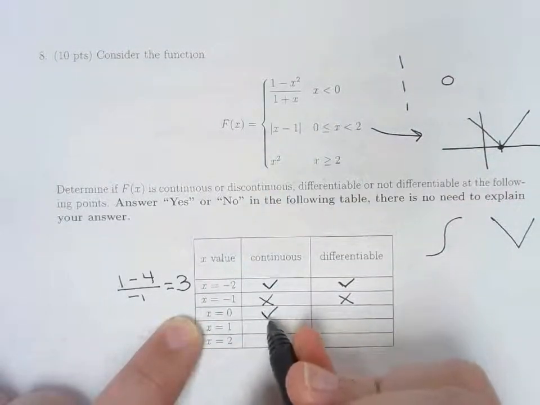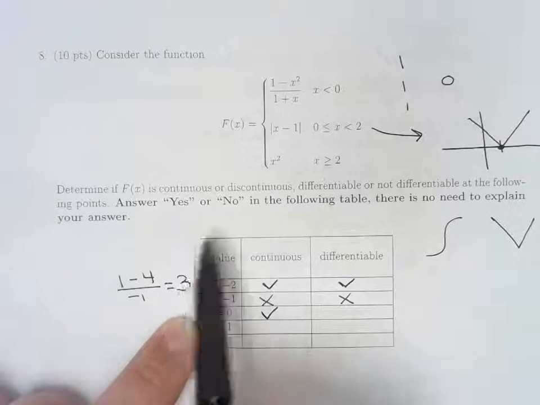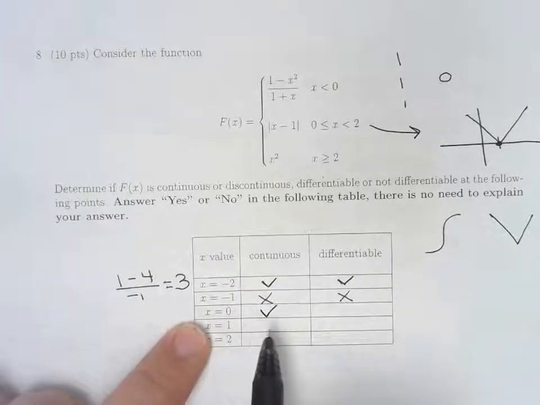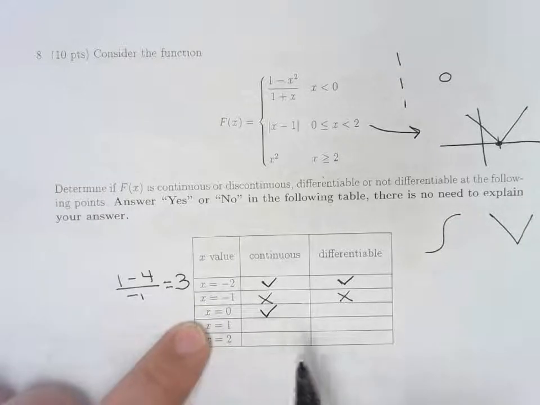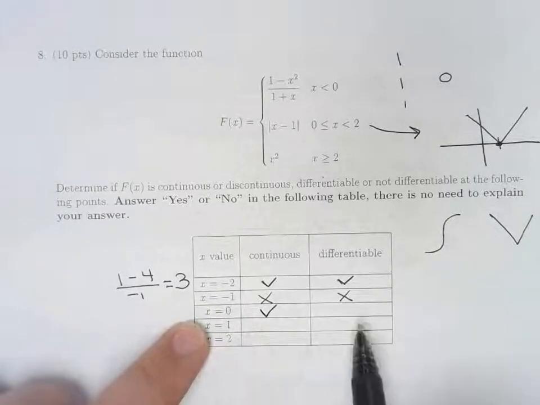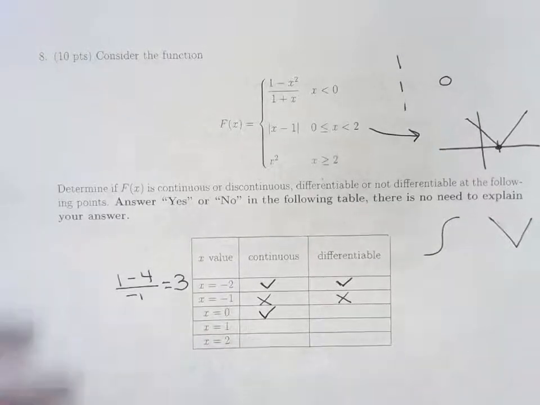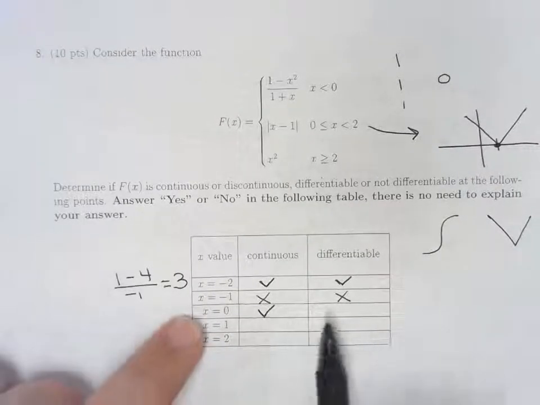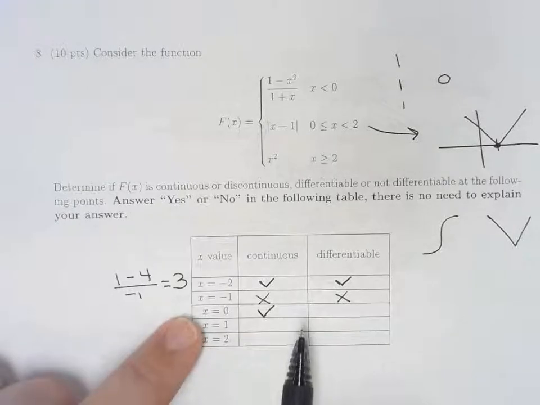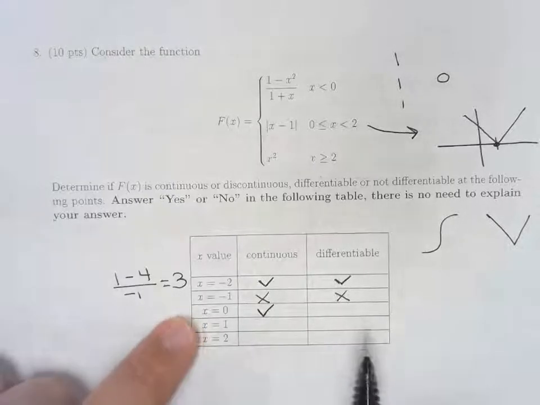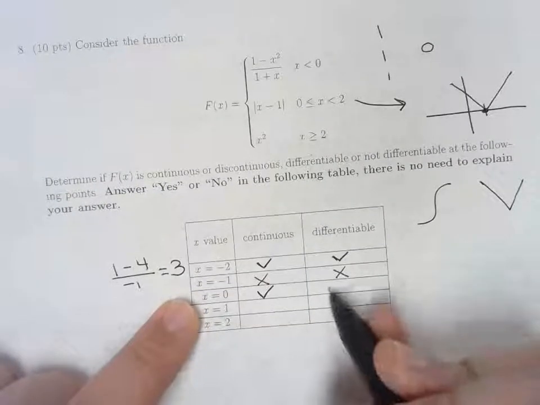It says yes or no, so follow the directions. If x is 0, is it differentiable? Look at the graph. It exists, so yes. Oh, you said continuous. Actually, it is continuous. I'm going to say yes.